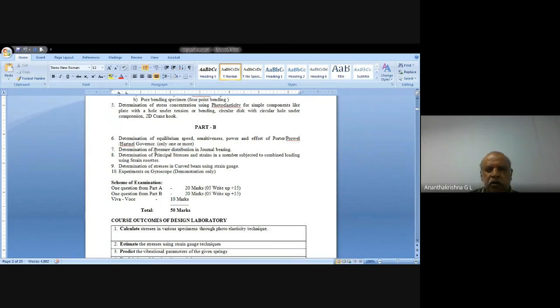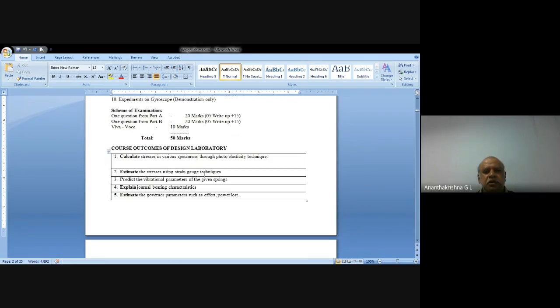The next experiment is to find out principal stresses and strains in a member subjected to combined loading using strain rosettes. Here we have 2 more additional experiments, which I'll come to later. Then we have determination of stresses in a curved beam using strain gauge. And the experiment on gyroscope is for demonstration purpose only.